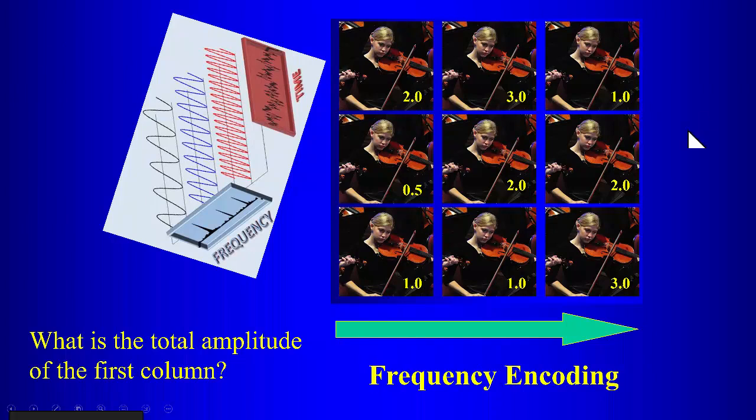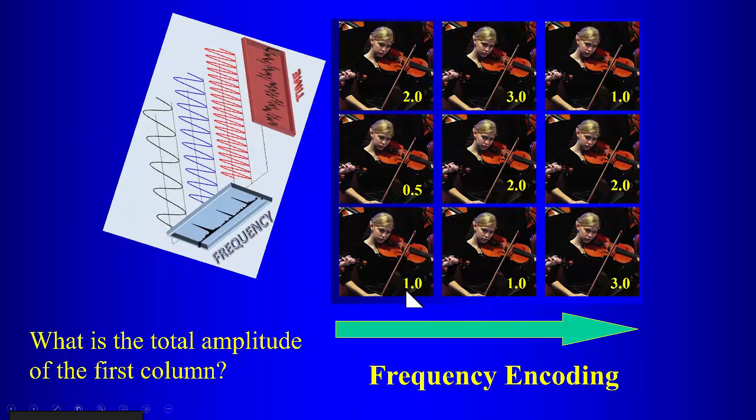So these are the amplitudes that each violinist is playing. And if each violinist is playing a different note, I can break down the frequencies into the frequency in this column, the frequency in this column, and the frequency in this column. But the problem is I still have the net amplitude of each column to deal with. So what is the total amplitude of the first column? 3.5, right.